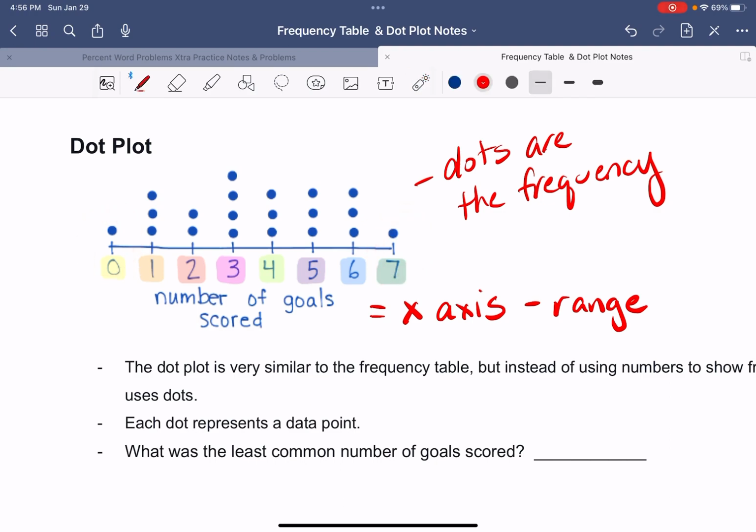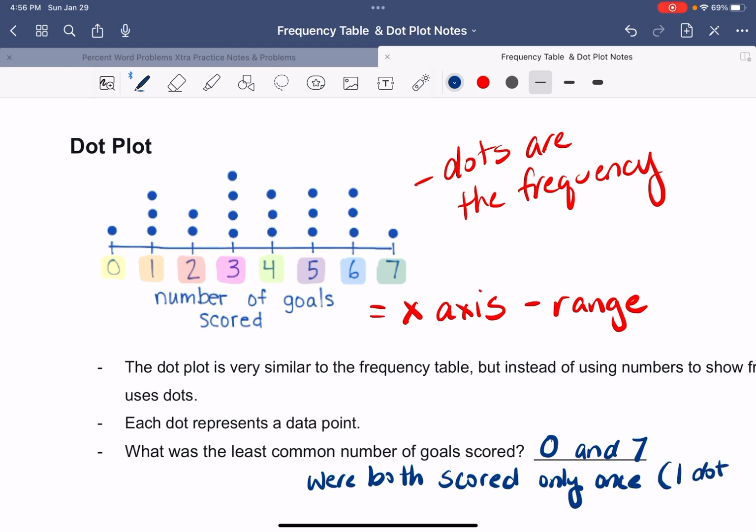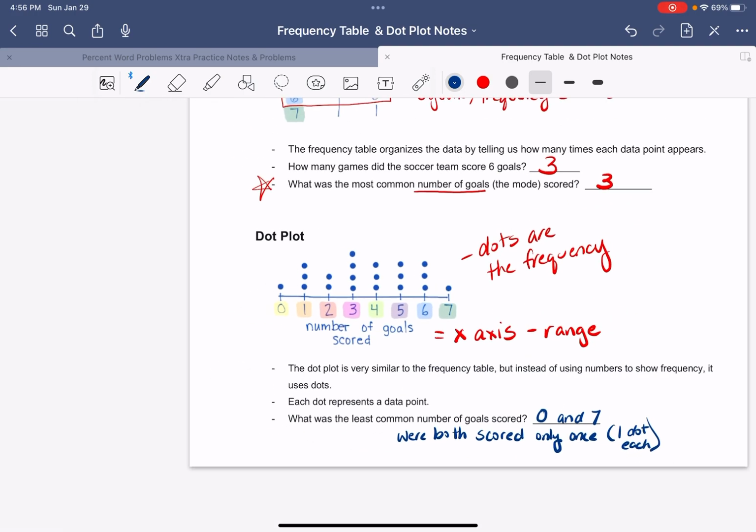So your answer to this is actually going to be 0 and 7 were both scored only once, okay? They had 1 dot each. So you can definitely have 2 different answers based on the kind of question that's asking, okay? Take your time on this.